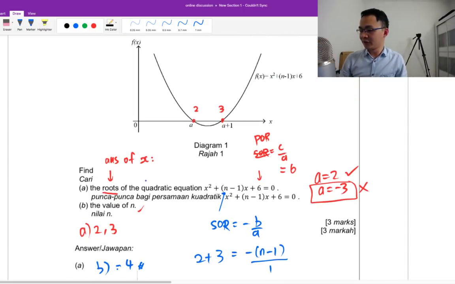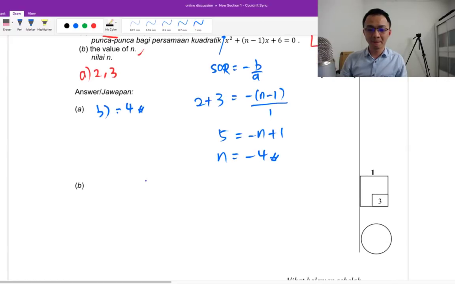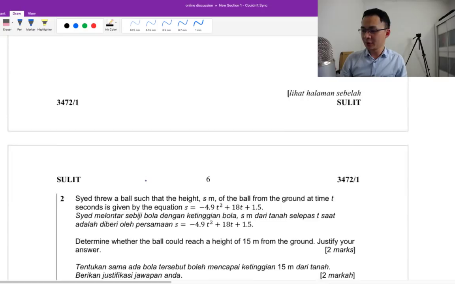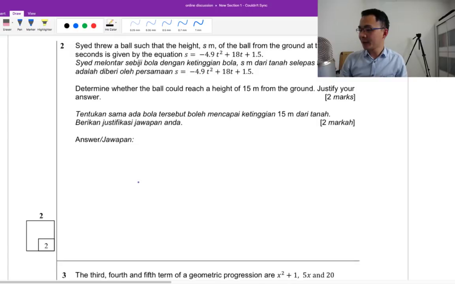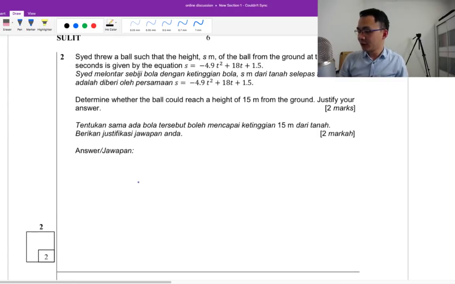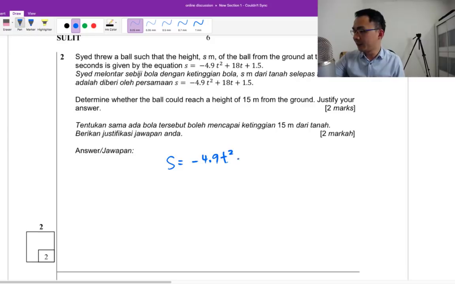Alright, if there's no problem, then I'm going to move on. Yeah, the first question is still okay. Next, a ball is thrown such that the height s meters of the ball from the ground at time t seconds is given by the equation negative 4.9t square plus 18t plus 15.